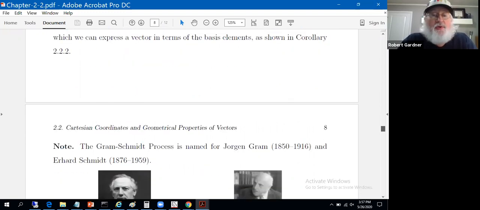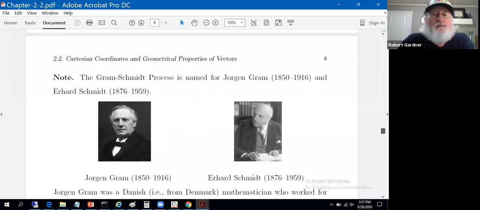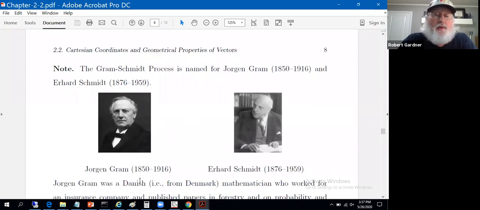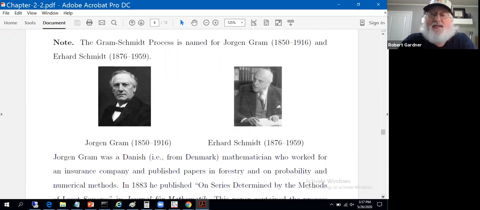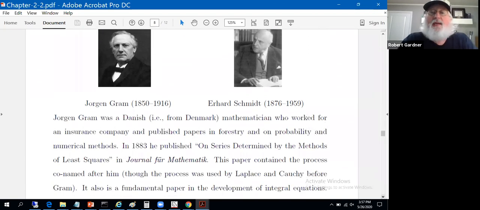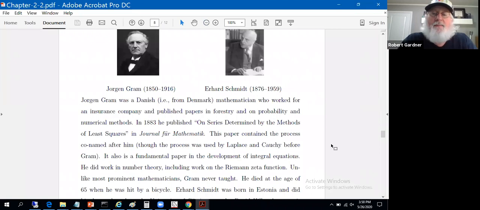We'll talk history here right now. And in fact, here's Jorgen Gram and Erhard Schmidt, for which this technique is named. And just a little history to give it some context. And funny thing, these guys weren't thinking vectors in Rn when they came up with this process.